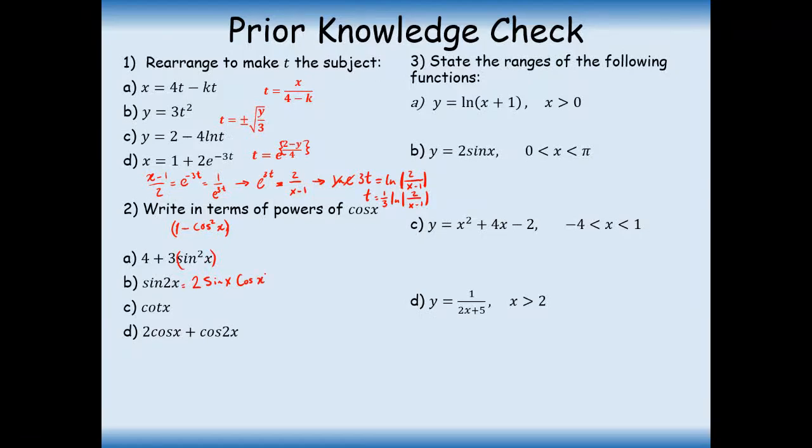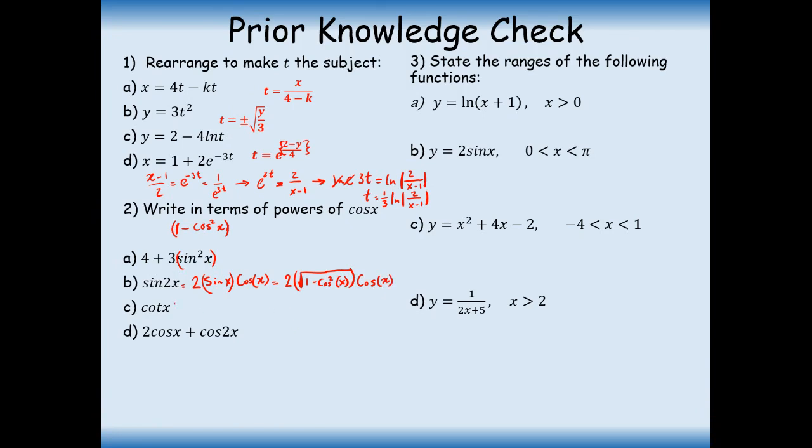Now, if we have to eliminate this sine of x and have everything in terms of cos, we can use the square root of 1 minus cos square as the replacement for sine, and leave cos x at the end.